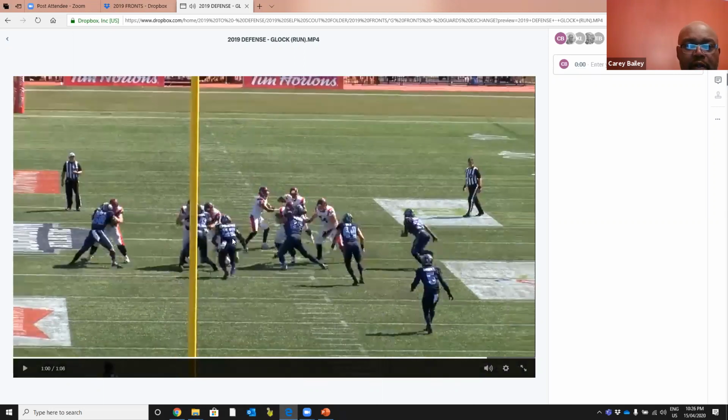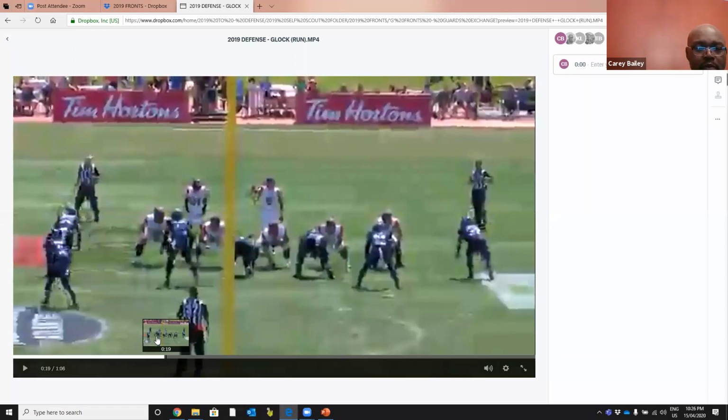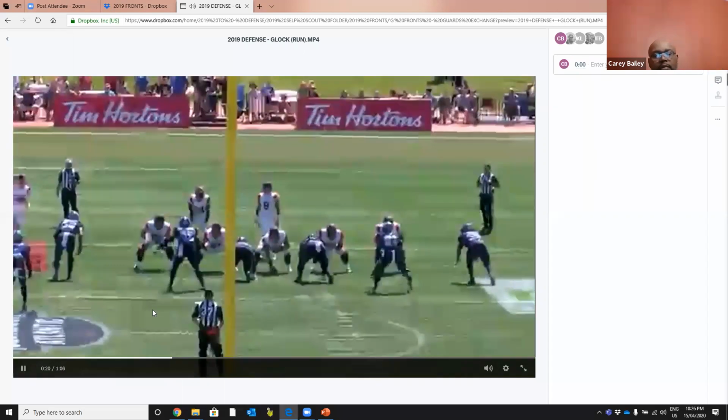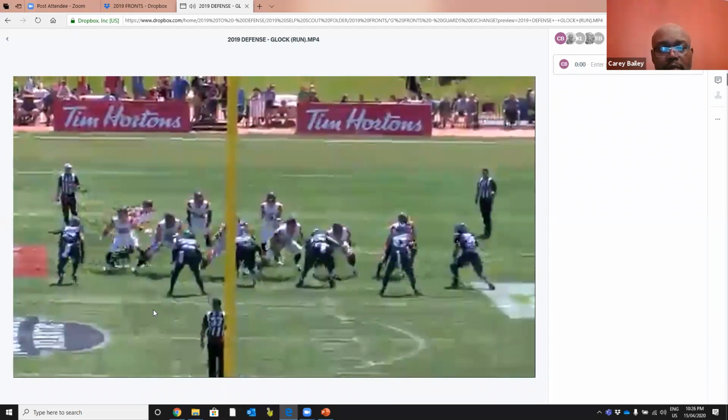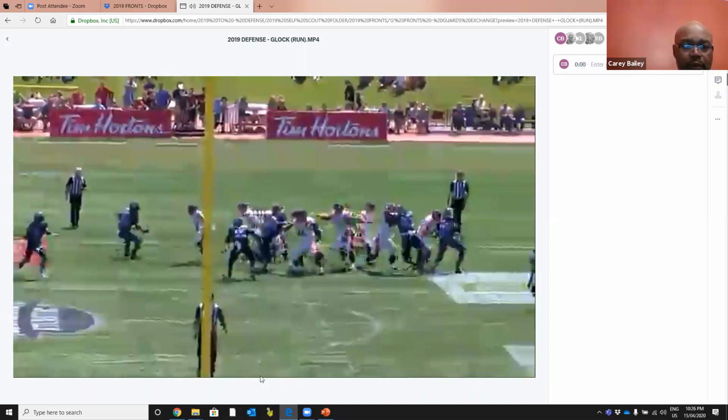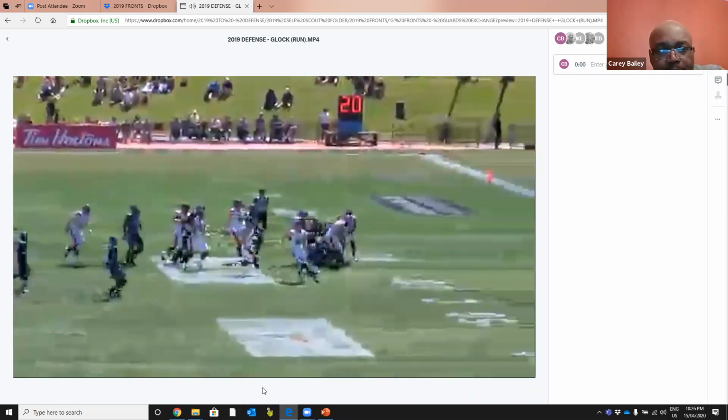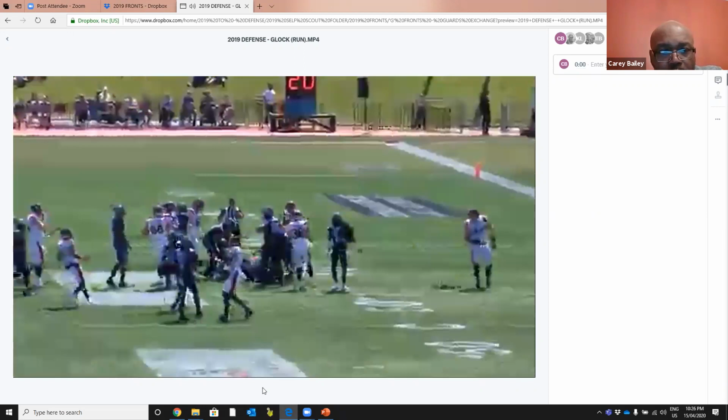Glock action here, run through. I'm sorry, people. Getting happy with my trigger finger. That's the first one. Second one should be coming up. I apologize. Here we go.